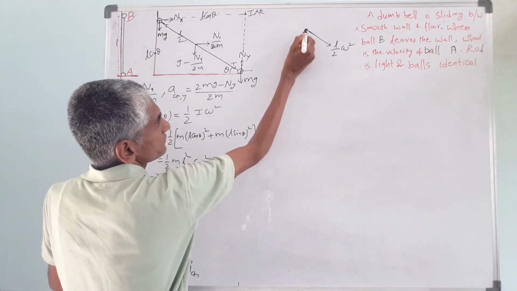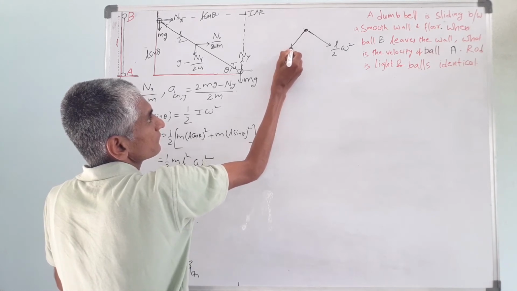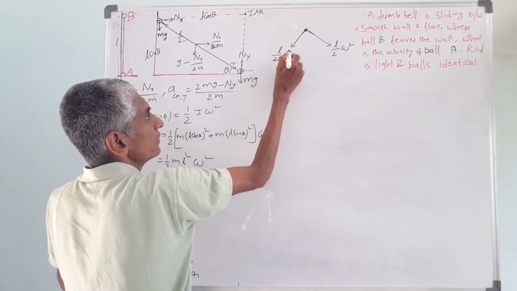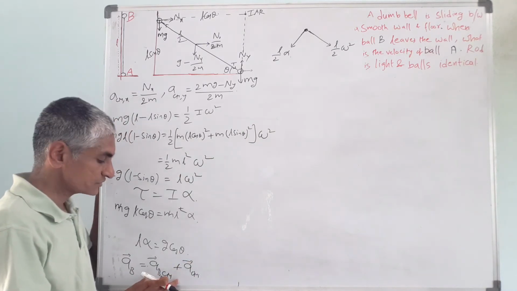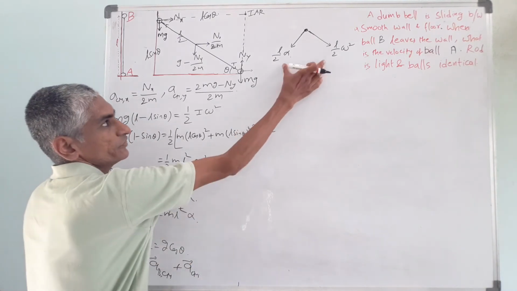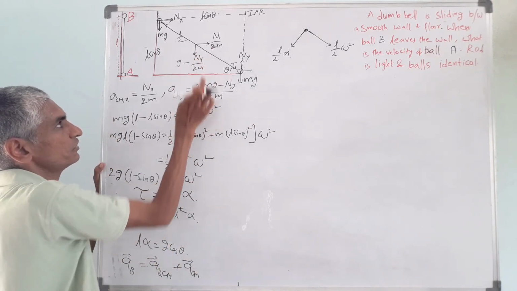Tangential acceleration is perpendicular to this, L by 2 alpha. This is what A_B,CM bar is. Acceleration of B in center of mass frame is these two vectors, plus A_CM bar, we have seen already these two vectors.